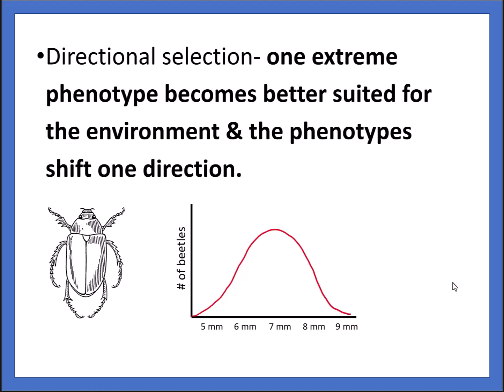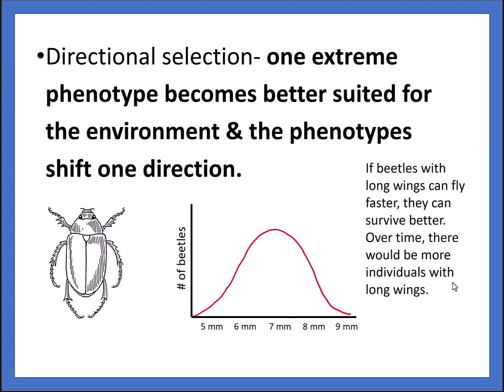In directional selection, one extreme phenotype becomes better suited for the environment, and the phenotypes shift in one direction. So here's an example. If beetles with long wings can fly faster, they survive better. They're more fit. Over time, there would be more individuals with long wings.